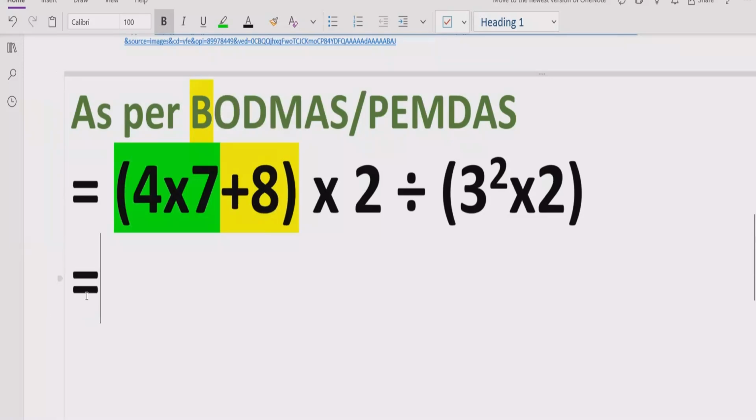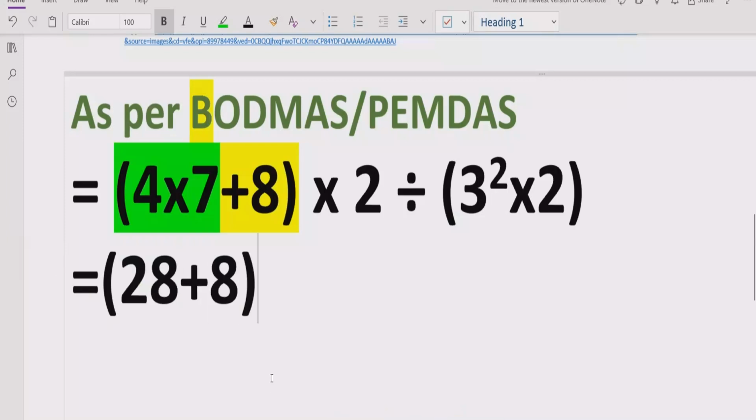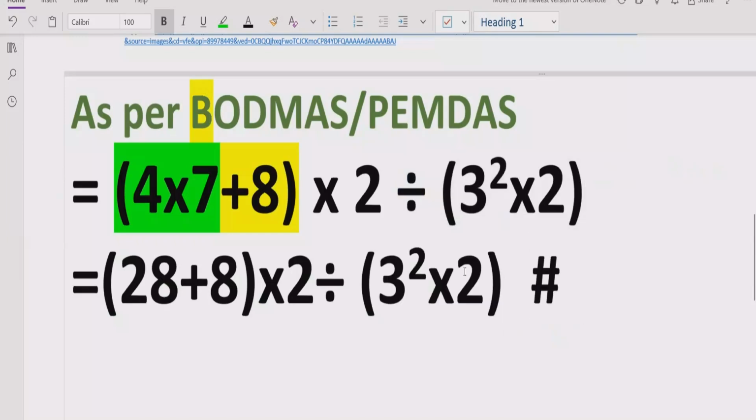So we will write 4 multiplied by 7. 7 1s are 7, 7 2s are 14, 7 3s are 21 and 7 4s are 28. So we will write 28 plus 8, and multiply by 2 again, we will write this part all as it is. And here we have to give the reference: 4 multiplied by 7 equals 28.